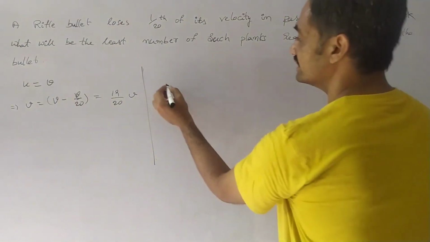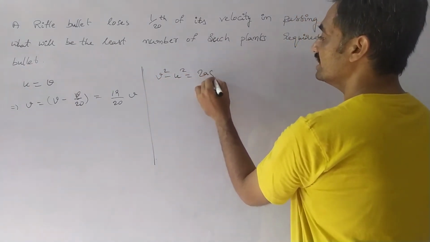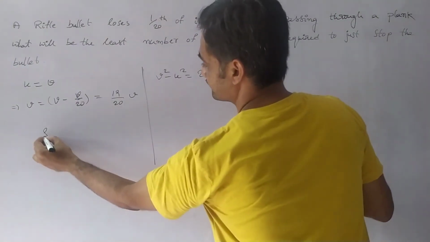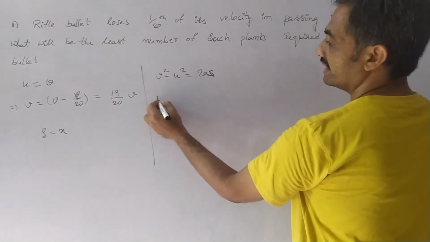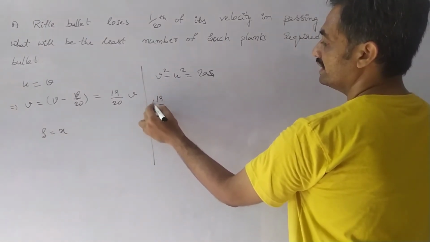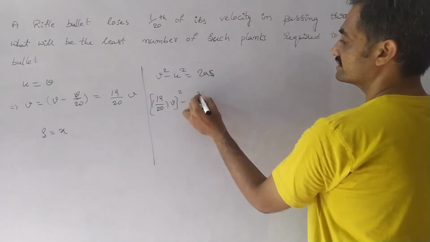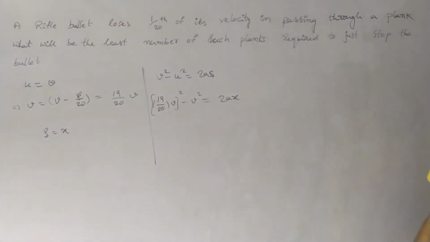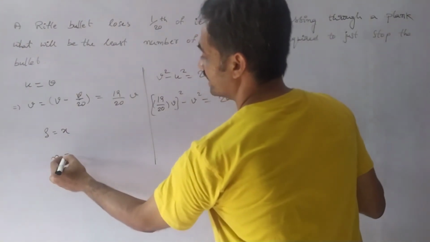In order to find this, we consider the equation v square minus u square equals 2as. Let us consider s equals x. Then we have 19 by 20 into v whole square minus v square equals 2a into x. Here let us consider the number of planks as n.